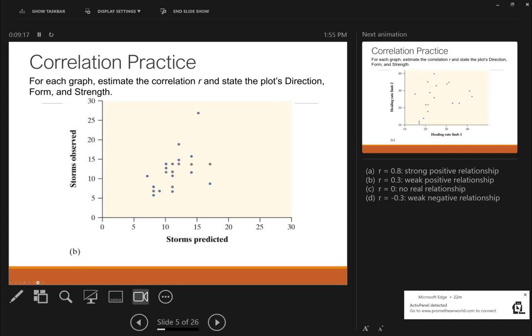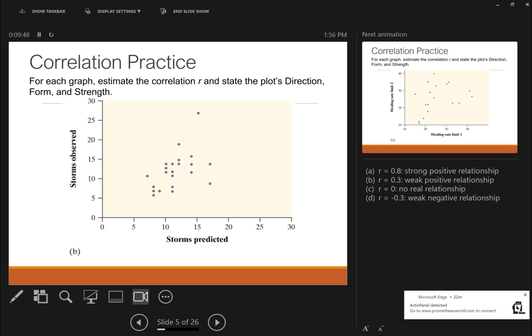All right, let's take a look at this guy. Estimate for R. 0.3. I think that's pretty reasonable. It's bad, right? The direction is positive, agreed. The form is quadratic, upside down.